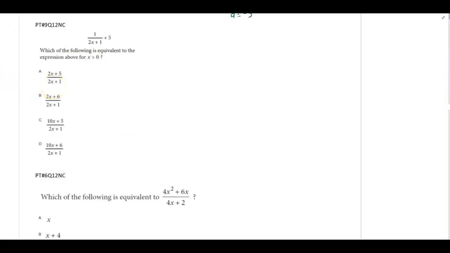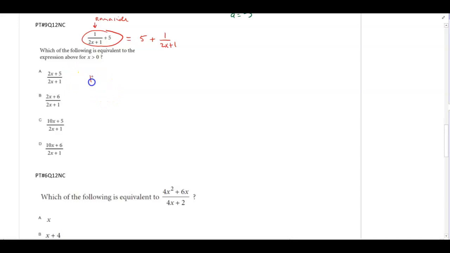Okay, the next example. It says, which of the following is equivalent to the expression above, for x greater than 0. They're telling you after you divide, that is what you get, but they give it to you almost backwards. This here is technically your remainder, so we should rewrite this as 5 plus 1 over 2x plus 1.